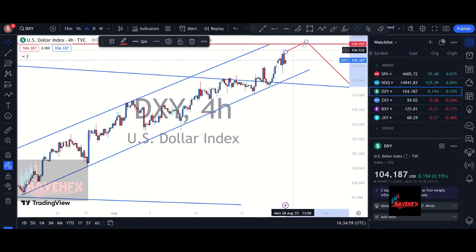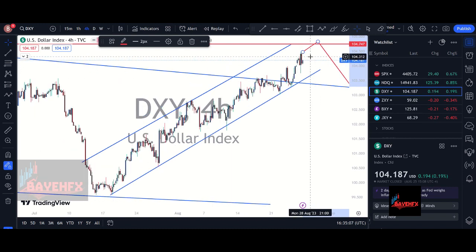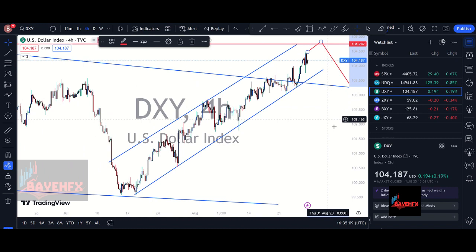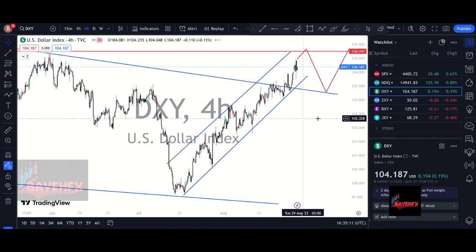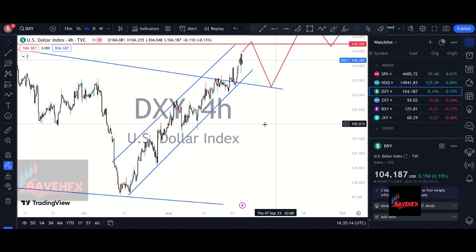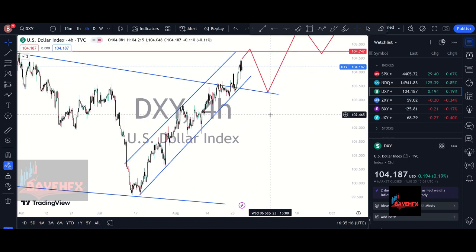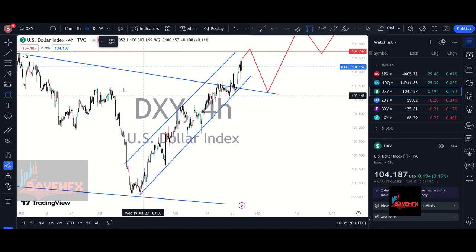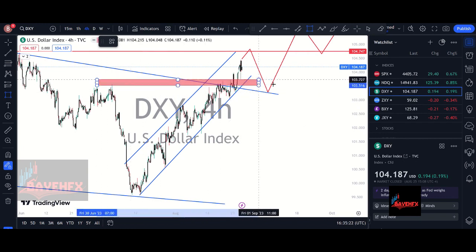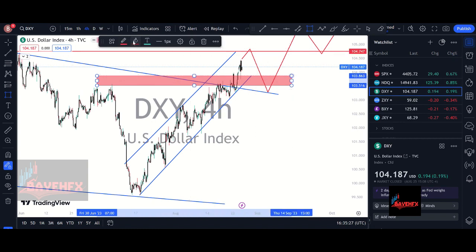The market comes back to this particular zone, then comes back for a rejection and a retest to cover up this liquidity here. And then it pushes back up, because this particular zone is a nice support zone for the market.